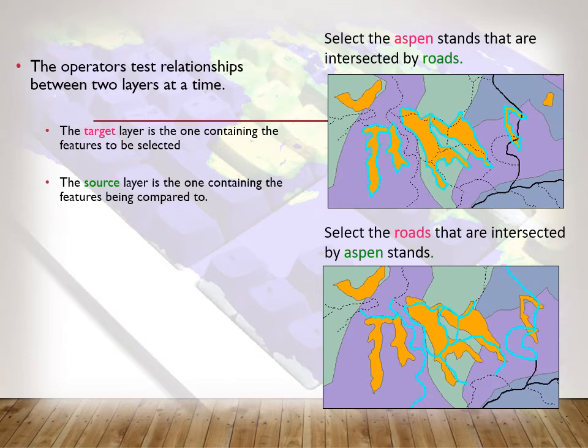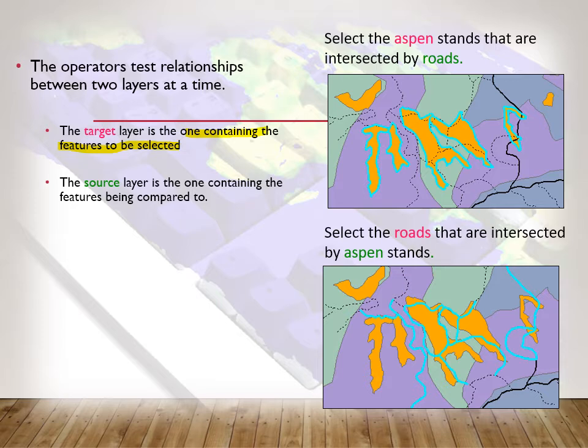Okay, so when you do a spatial query, you have to figure out which one is the target layer and which one is the source layer. So let's say we're selecting polygons, which represent aspen stands, and we want to know which ones are intersected by roads. So the target layer, it says right here, is the one containing the features to be selected.